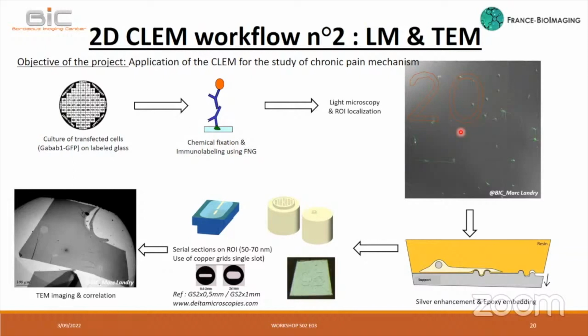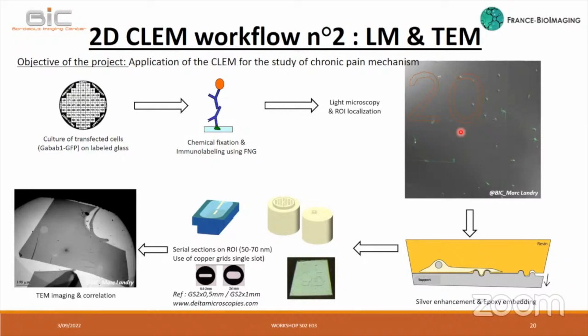In TEM, it's not easy to localize, so that's why we increase the size of the beads by silver enhancement to around 10 to 15 nanometers. After this enhancement, the process is classical: dehydration with solvent and epoxy embedding.